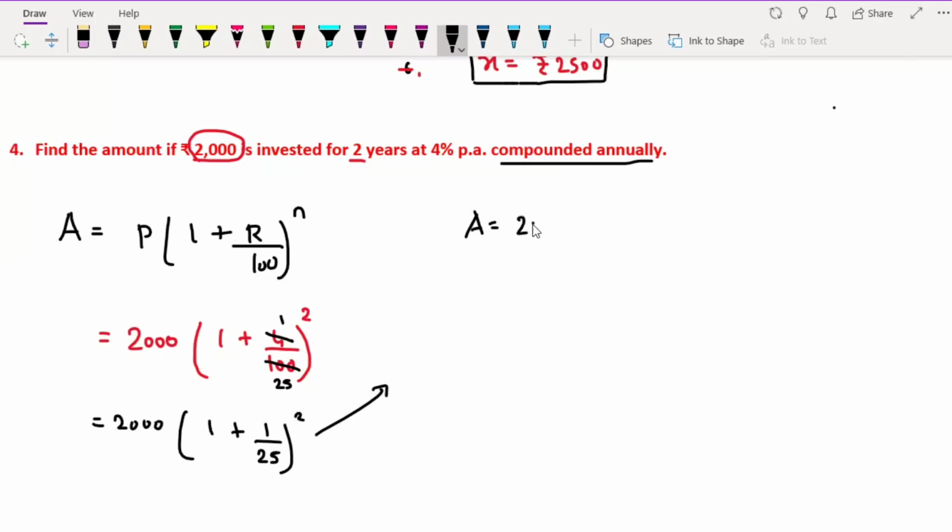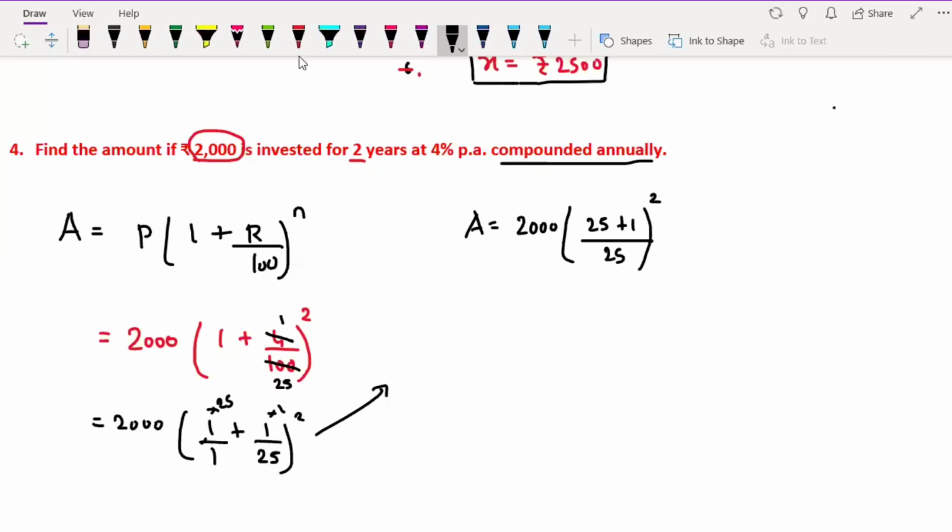As you can see, for the first one there is nothing in the denominator. It is very basic mathematics: nothing in the denominator, we have to consider it as 1. So the LCM is going to be 25. So what are you going to multiply to the first term? Our LCM is 25, so 25 into 1. So 25 plus 1 whole square.